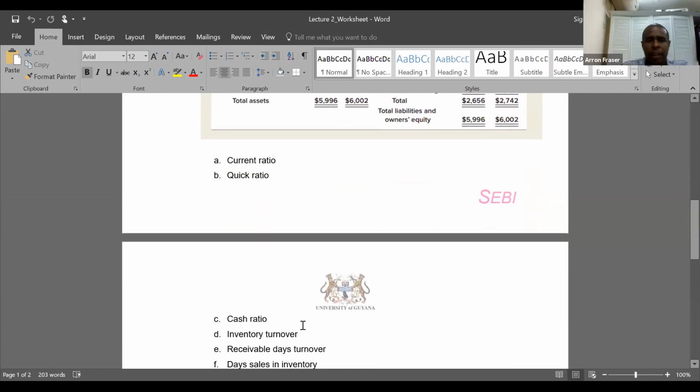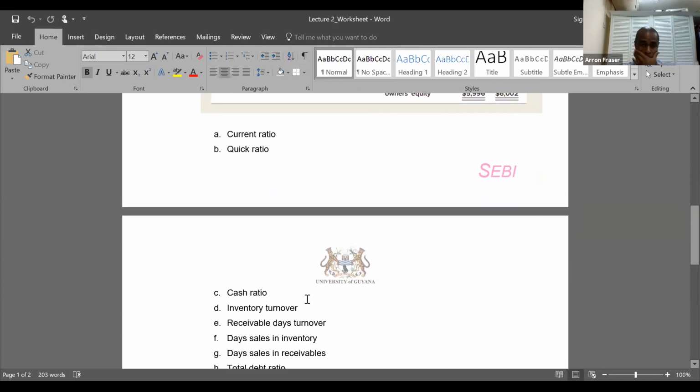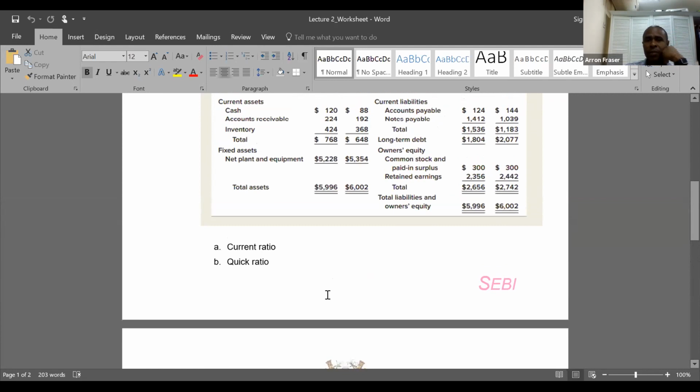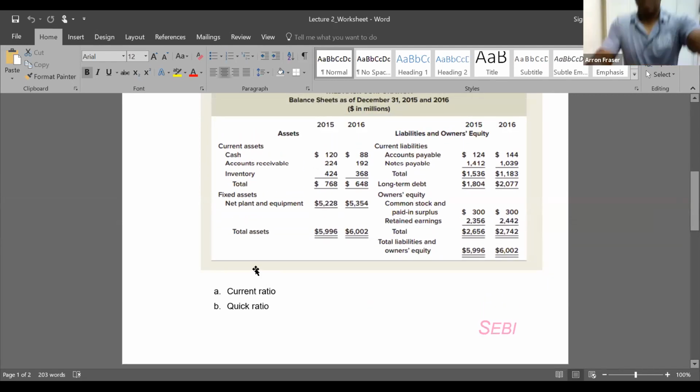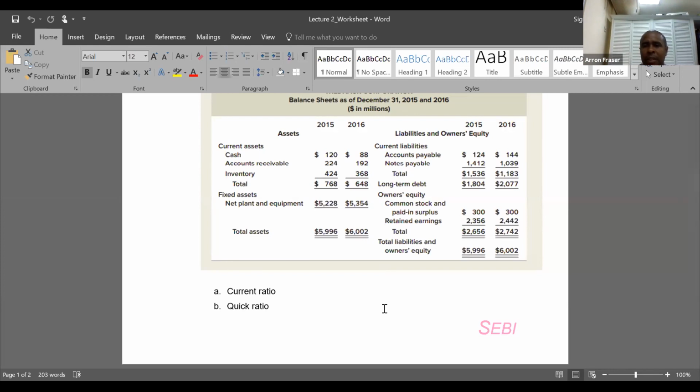So we can move on to the cash ratio. The formula for the cash ratio is cash upon current liabilities. Again, we get those figures from the balance sheet. So cash should be $88 divided by total current liabilities of 1,183. And that'll give you an answer of 0.07 times.